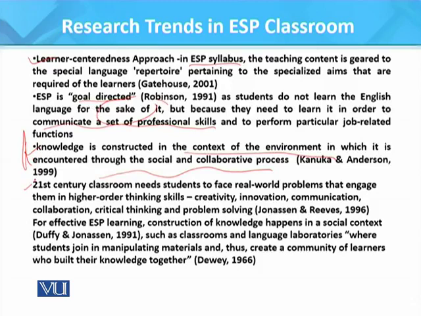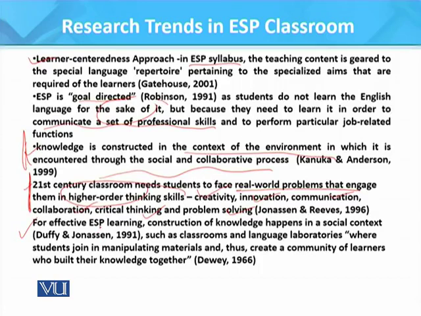It says that the 21st century classroom needs students to face real world problems that engage them in higher order thinking skills, creativity, innovation, communication, collaboration, critical thinking, and problem solving. So we need to take these as the challenging tasks or the basis for our ESP practices, especially in the non-native scenario, that we need to equip our students with all these higher order thinking skills.